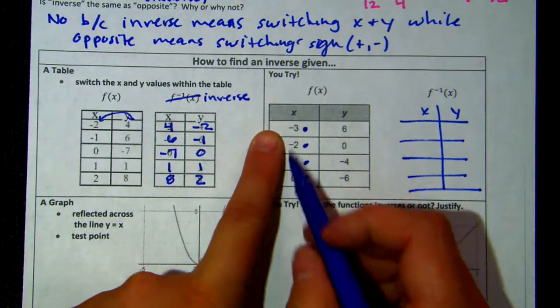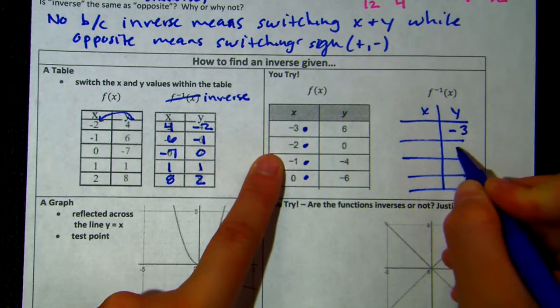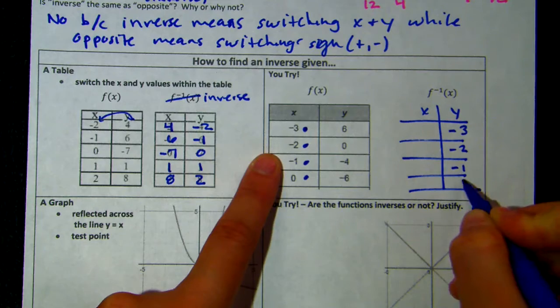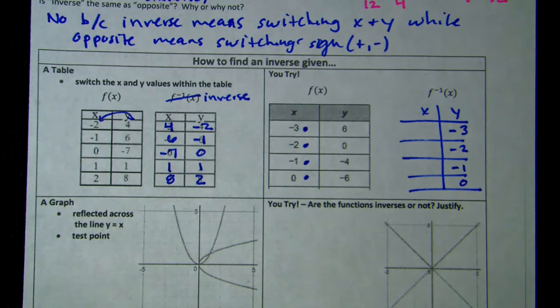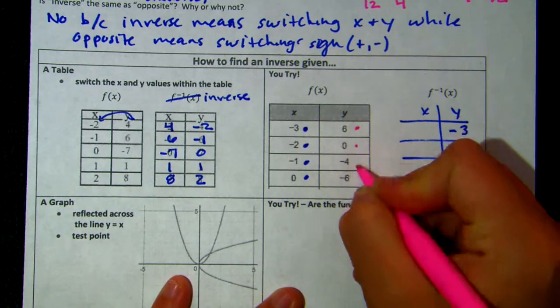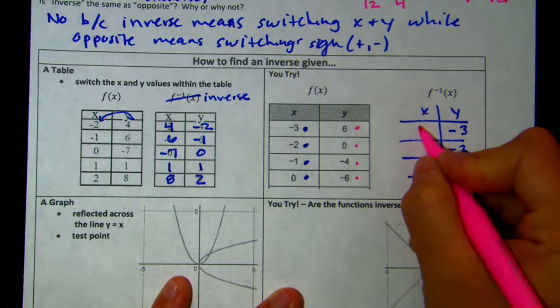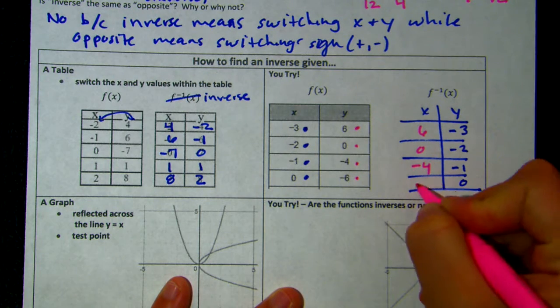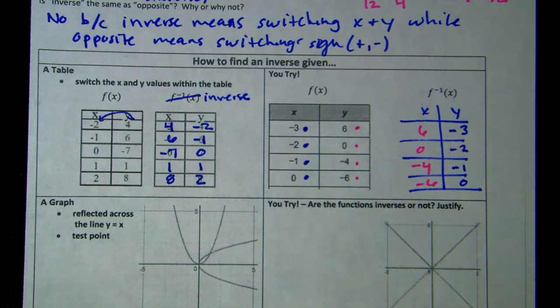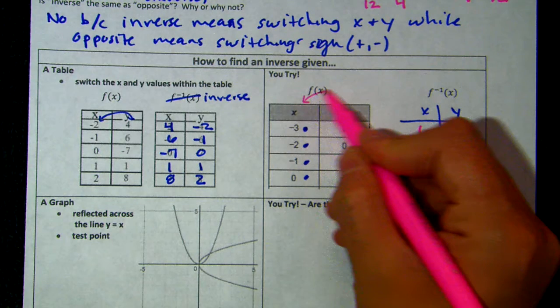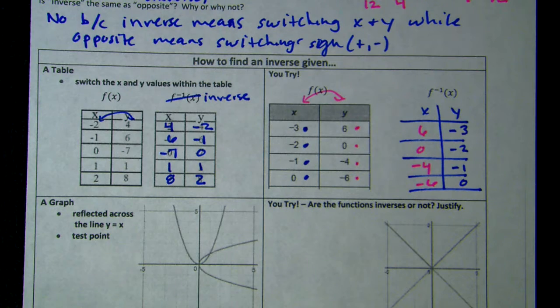In my inverse, my x values become my y values. And my y values become my x values. Okay. So again, inverse just means switching those x and y values. That one was actually correct. Way to go, Miss Abra.